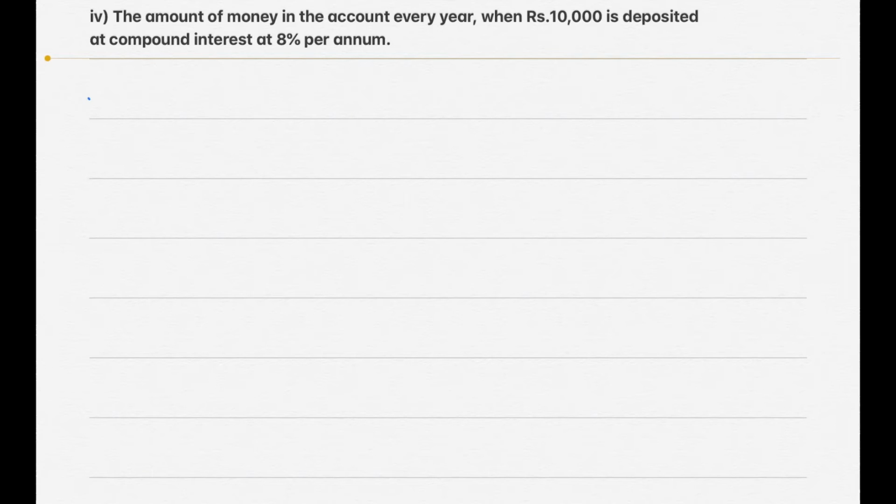So now let's put this down in a formula. For the first year, the principal is 10,000 and the rate is 8%. We have to find the amount. The formula for compound interest amount is P into (1 plus R by 100) to the power n.